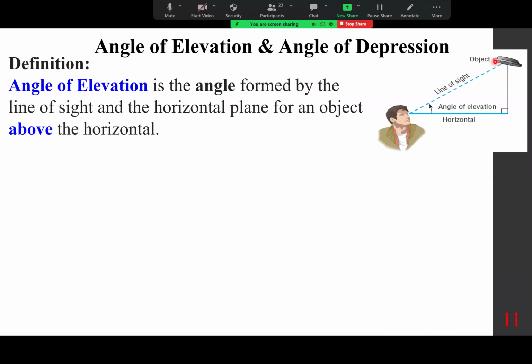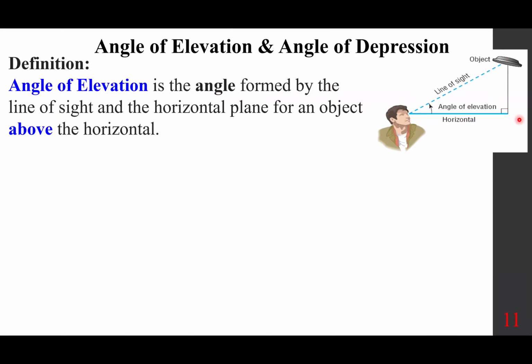So you're looking at something, the angle it makes with the horizontal plane, that is the angle of elevation: line of sight, the object, horizontal plane. Very straightforward. So that's the definition.